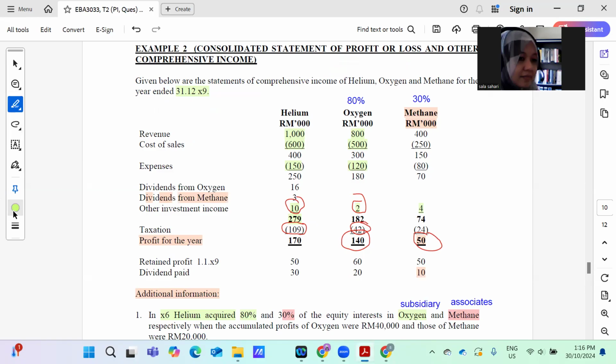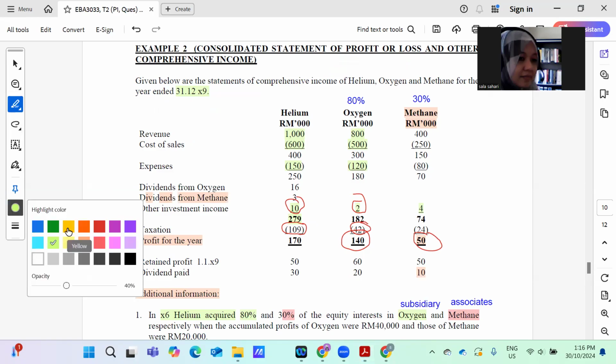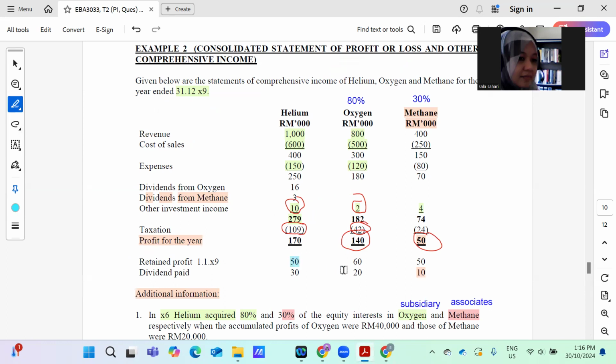I just highlight different color, easier. Retained profit 50,000. And the O balance is 60,000. And the methane is 50,000.